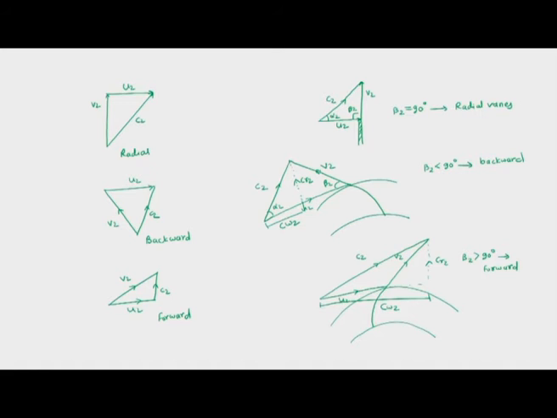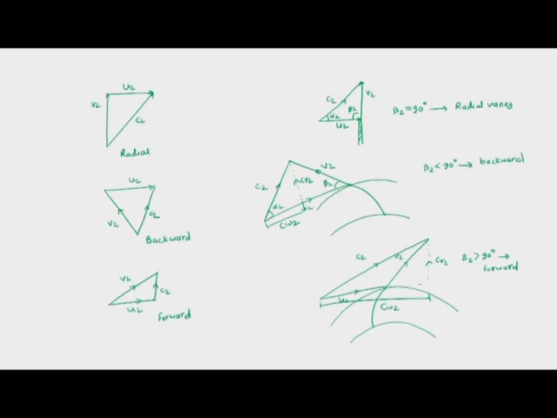Actually, in practice people try to use beta 2 equal to 90 degree, radial vanes, since it is simple to fabricate. However, we will see later that if we have beta 2 greater than 90, then the pressure rise which would happen will be higher for the given blade.